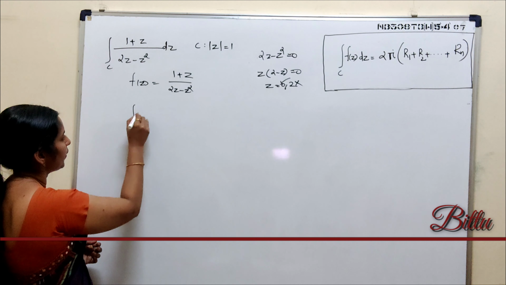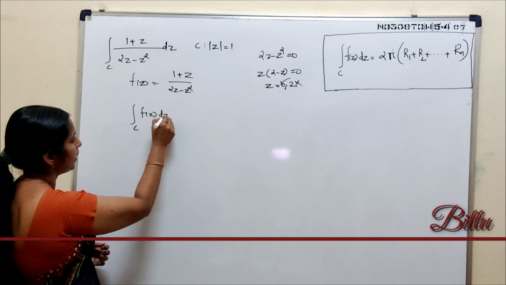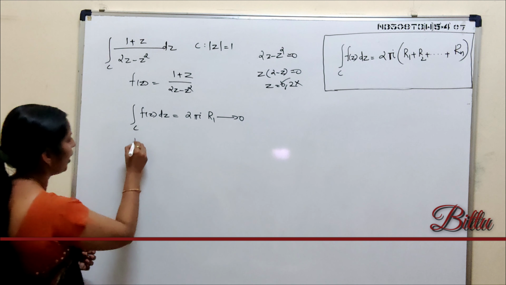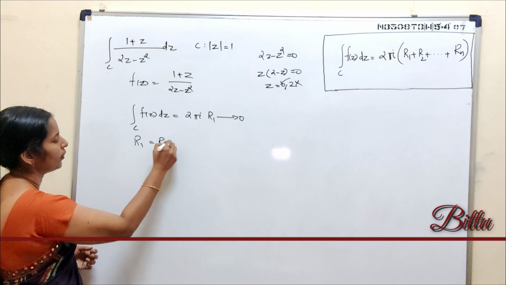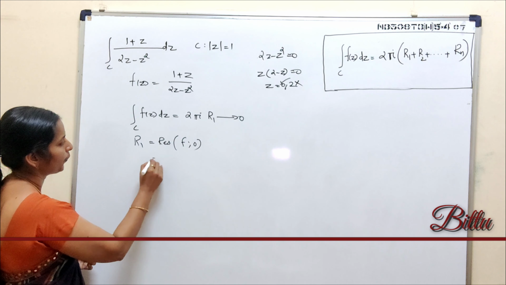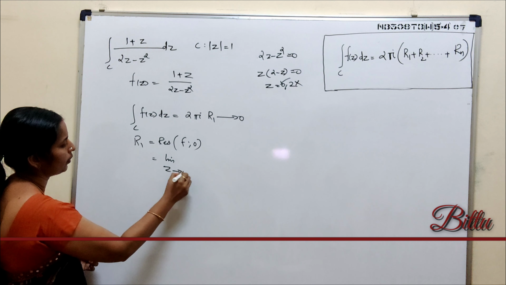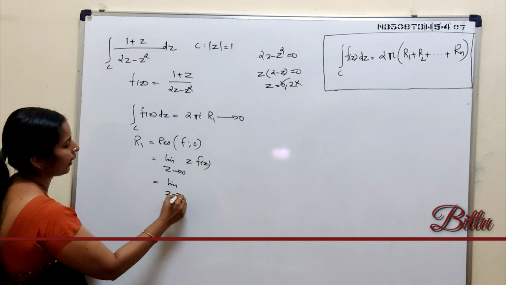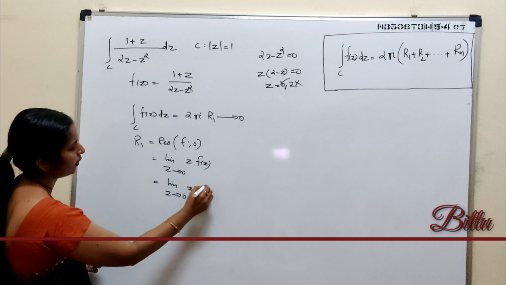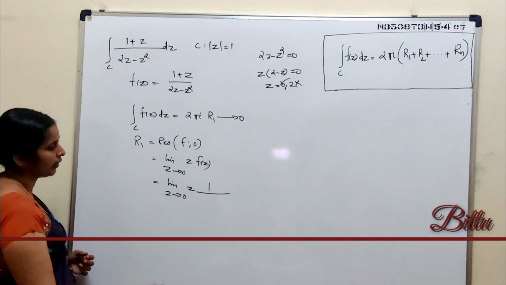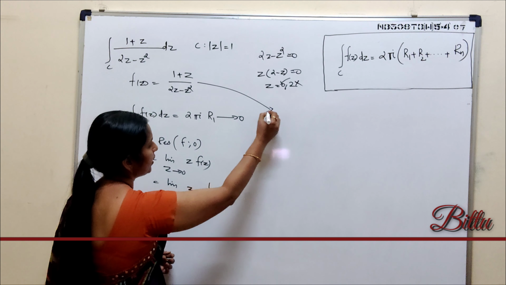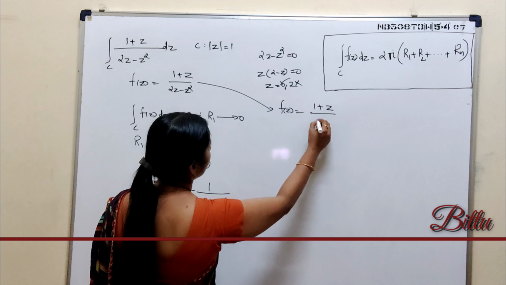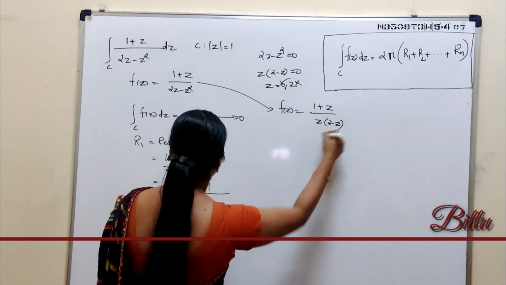So by the residue theorem, the integral over C of f(z) dz is 2 pi i into R1, where R1 is the residue of f at 0. That is the limit as z tends to 0 of z into f(z). You give the factorization of f(z) here: f(z) can be factorized as (1 plus z) by z into (2 minus z).